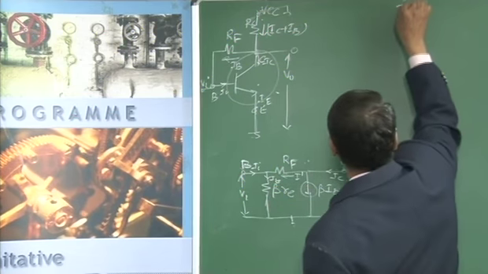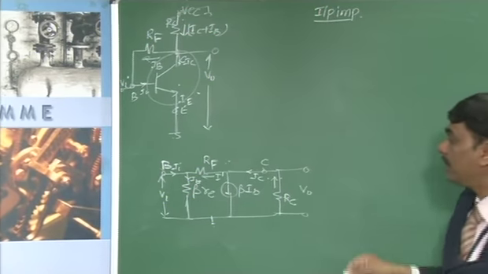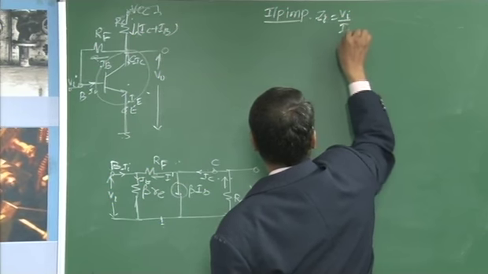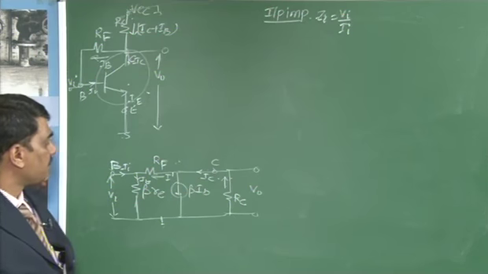First, you have to determine the input impedance. By definition, Zi is equal to Vi by Ii. For this circuit, what is Ii?